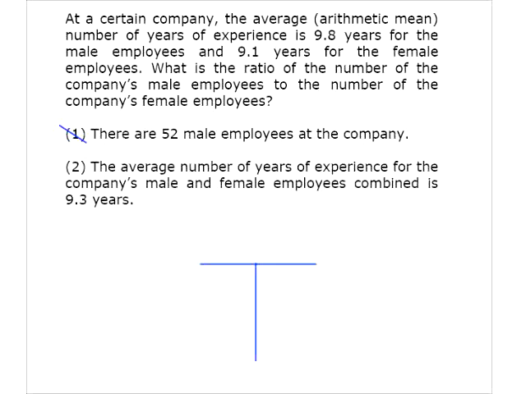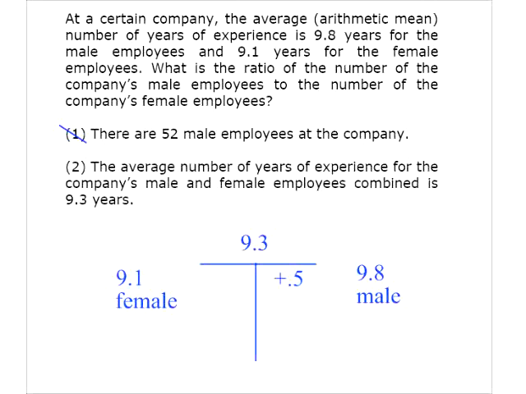So here's how we would set it up if we were trying to calculate it this way. The weighted average comes out to be 9.3. The females are giving me 9.1. The males are giving me 9.8. And so here I would go, all right, this is plus 0.5 from the average.